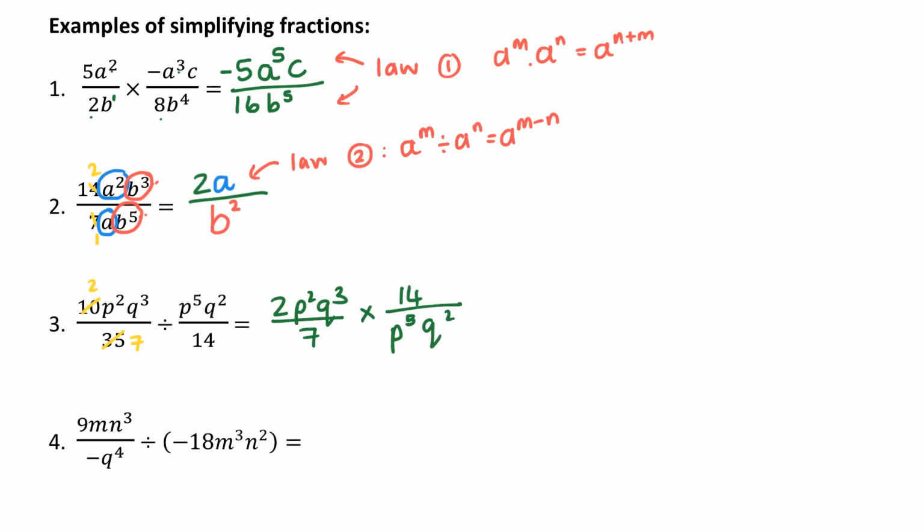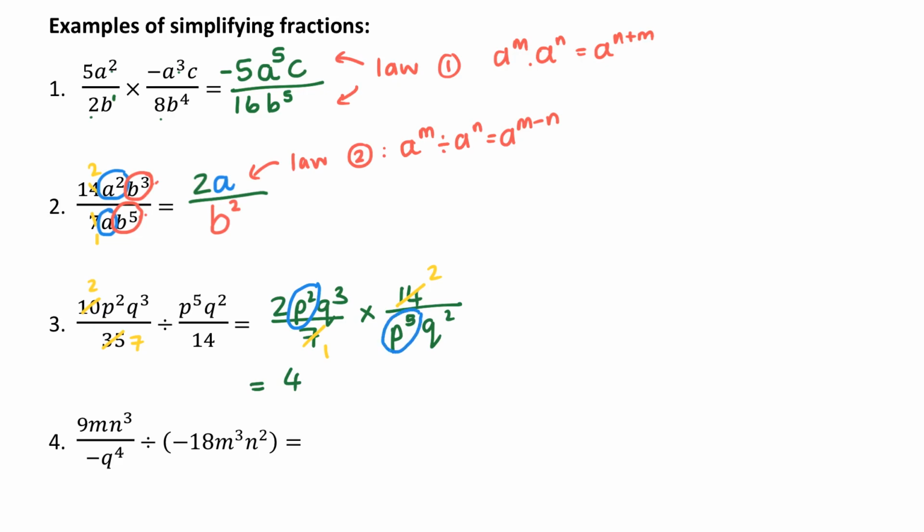Now let's simplify if I can. I can take 7 out of the numerator and the denominator. So far I know that my numbers are going to be 2 times 2 is 4 in the numerator. Next, let's look at our variables. p squared in the numerator and p to the power of 5 in the denominator.